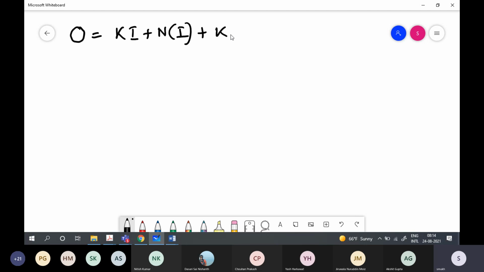You can absorb the plus A into Ni if you want. This is the equation.